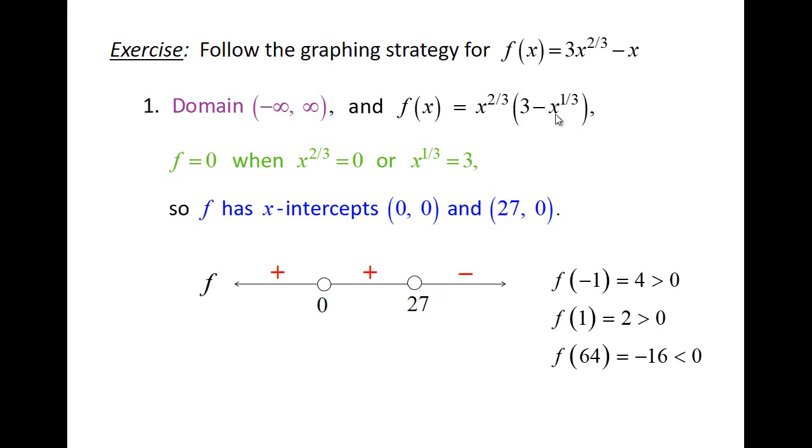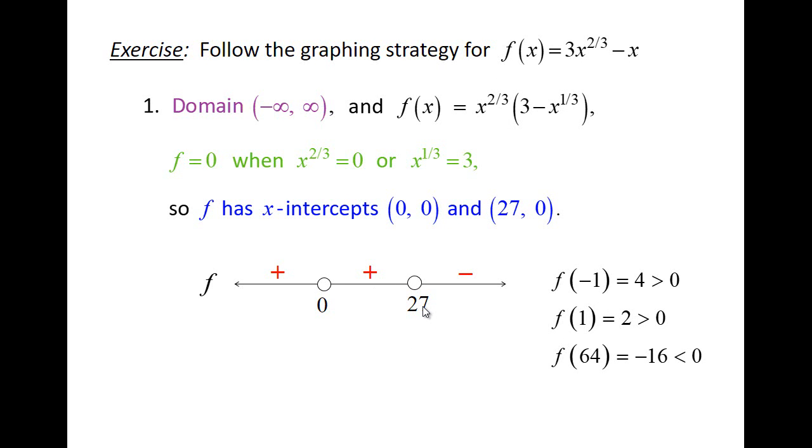And when x is negative 1 here, this is going to give us a negative number, so we get positive at the end. If I pick 1 in between 0 and 27, then f of 1 would be positive.